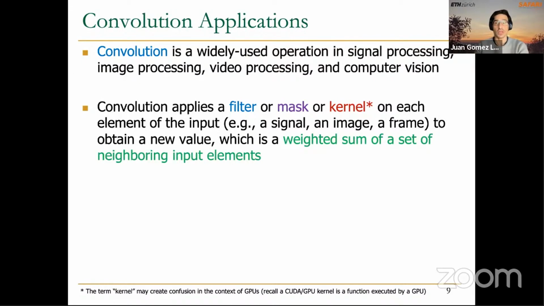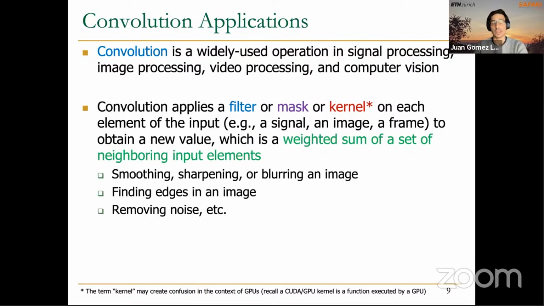For example, if it's an image, we will apply this filter on every pixel of the image. And what we obtain as the output value for every pixel, for every position of the image, is a weighted sum of the set of neighboring input elements or neighboring pixels in the case of image processing.